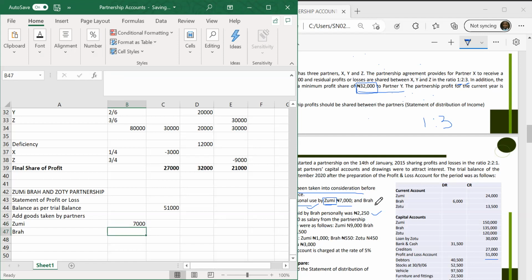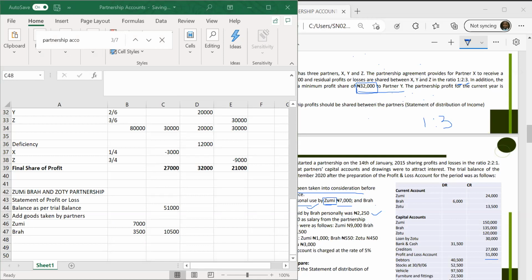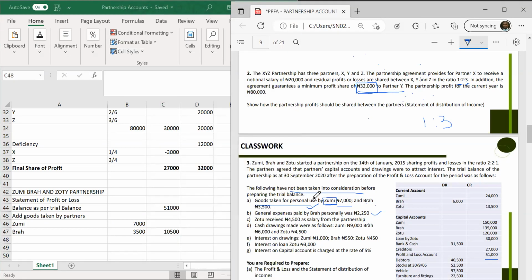And Bra is how much? 3,500. The addition of these two is 10,500. So we have done the first part. It's from their current account that we would debit them. Do you understand?